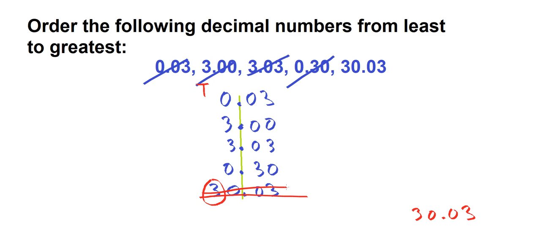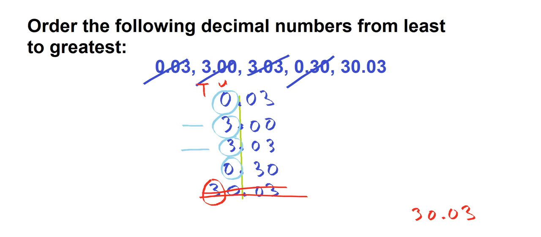Okay, so he's out of the game, and I go to the units column. What have I got here? Well, I've got a 0, a 3, a 3, and a 0. There are two 3s there, so I'll deal with them next, because one of those is definitely the next largest number.